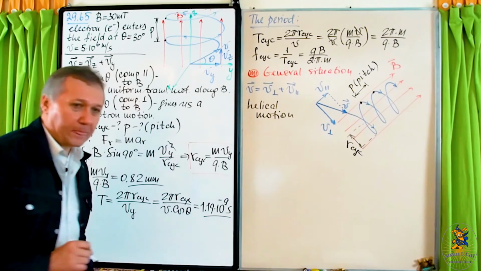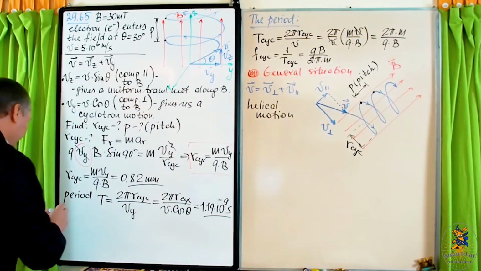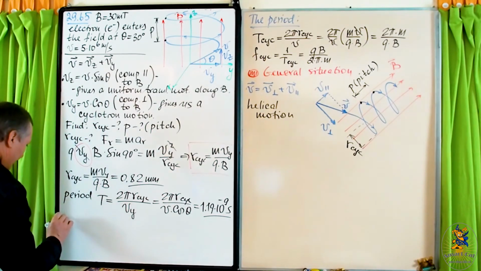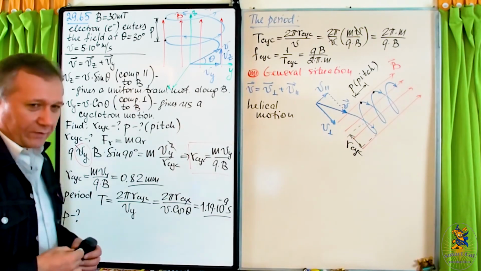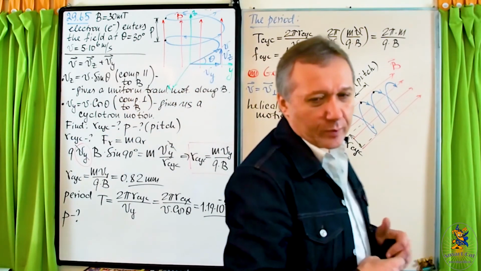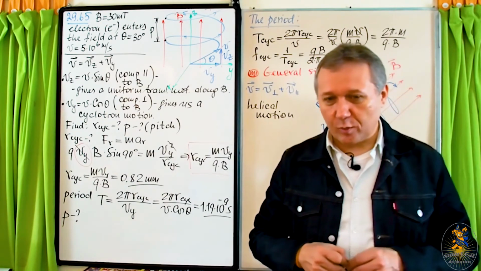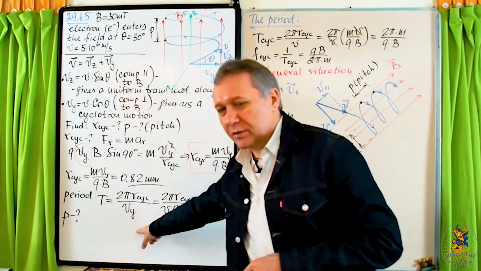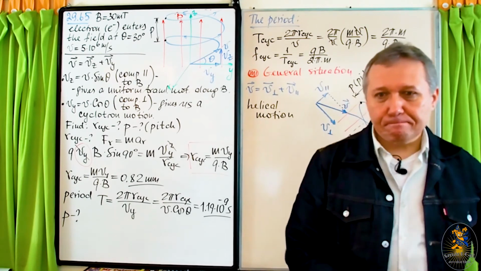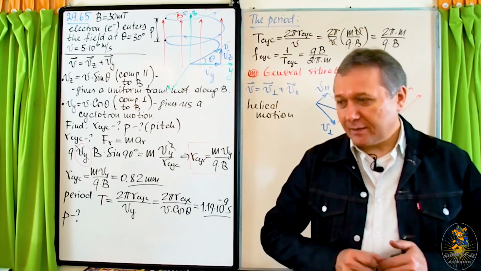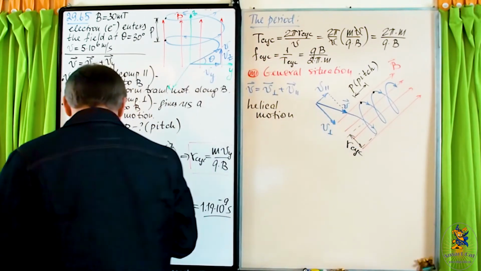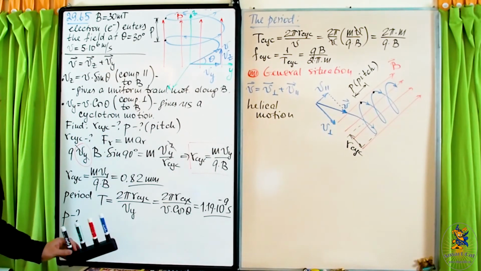Okay, and now the pitch. You know what, several years ago, if I didn't discuss this problem in the class, I would assign it as homework. And with the pitch, that's where most of the troubles students had. But actually, the solution is quite simple.